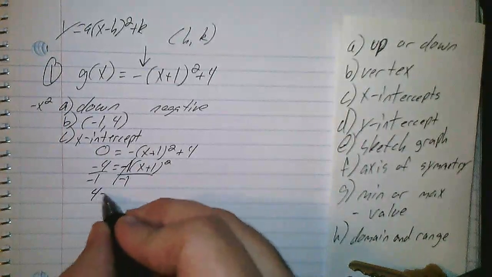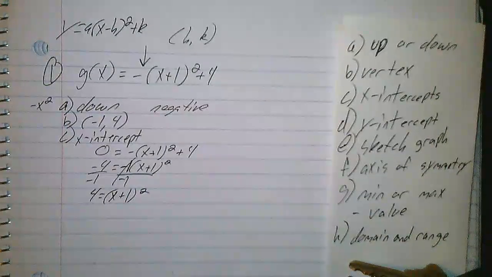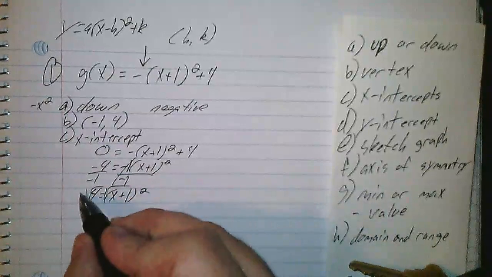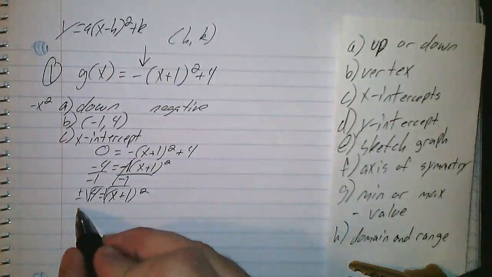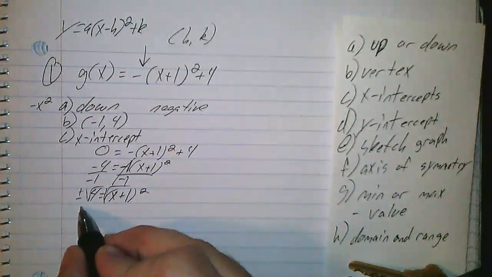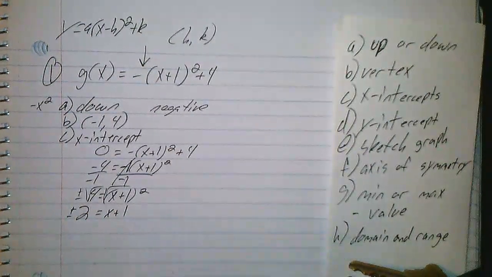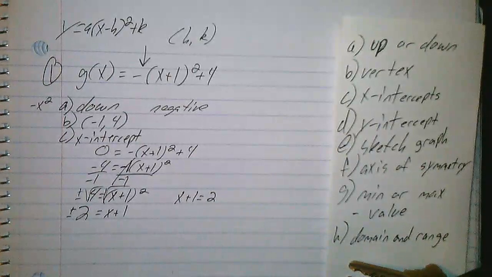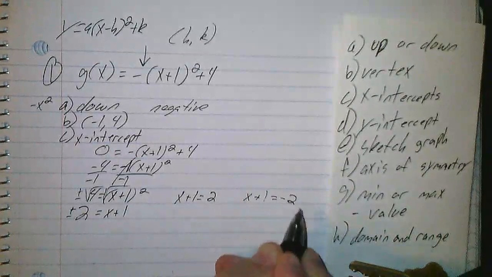So that becomes a +4 equals (x plus 1) squared. So we take the square root of both sides with a positive or negative over here. So we get plus or minus 2 equals x plus 1. From here, I would just make this 2 little equations. X plus 1 equals +2, and x plus 1 equals -2.